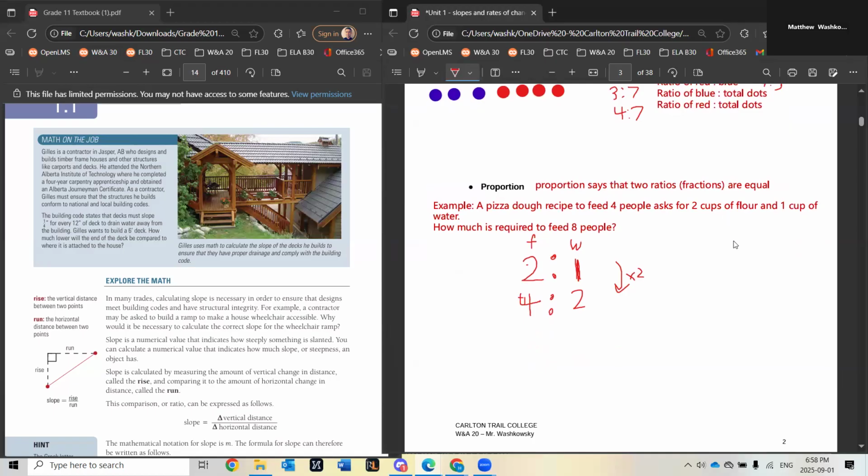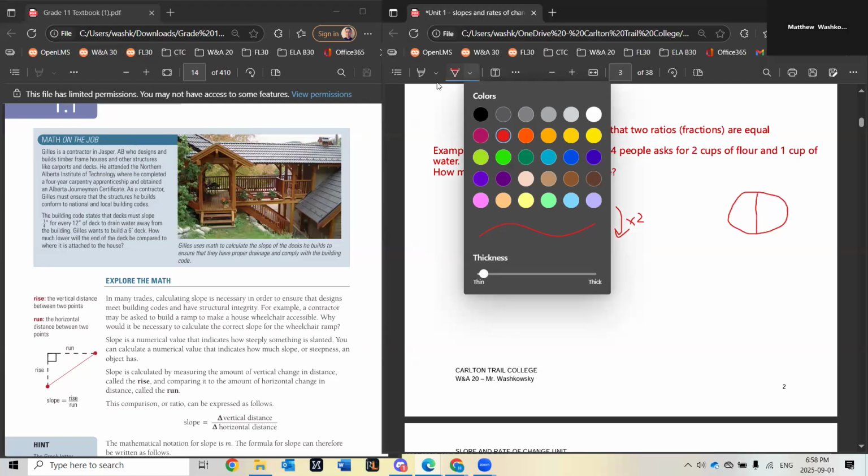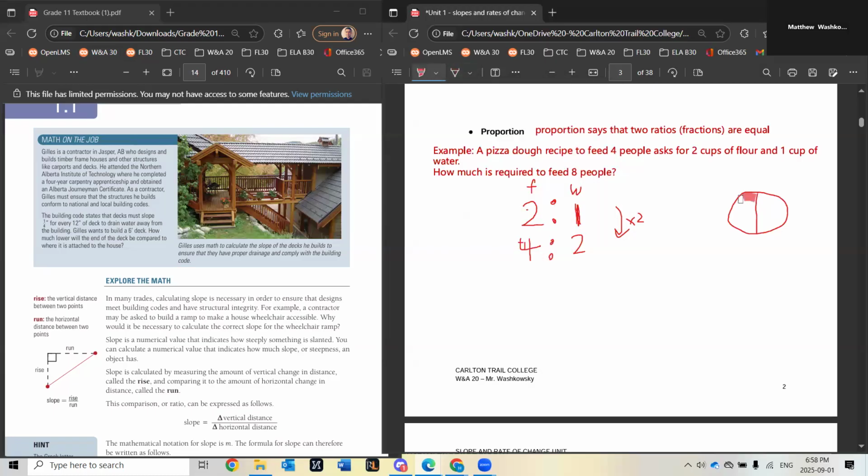Now, another thing is, think about if I give you half of a pizza. So I only have half a pizza, right? Well, as a fraction, this one here is 1 over 2.